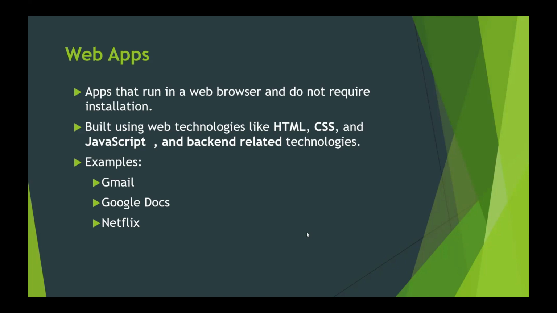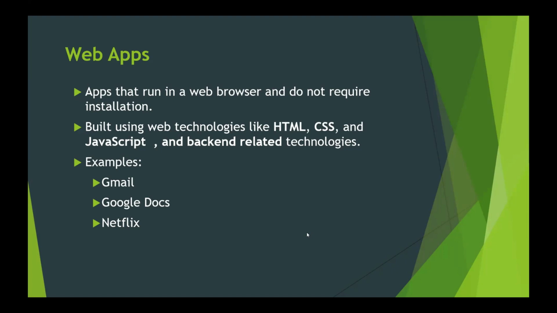There is no need to install any web application on our system or mobile. A Java-enabled browser is required to run any type of web application, and one browser is enough.